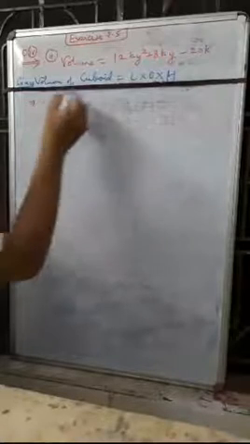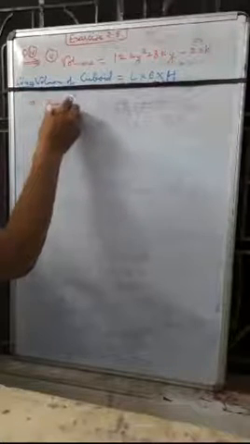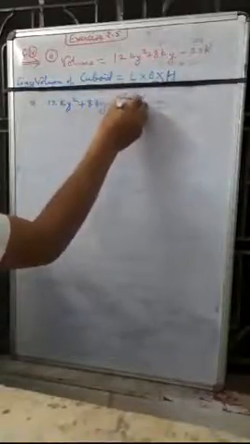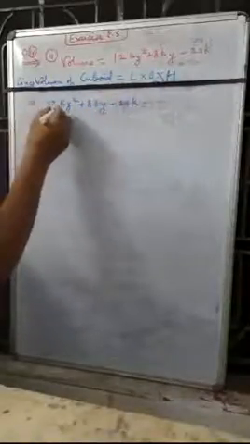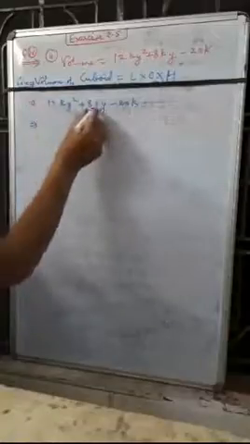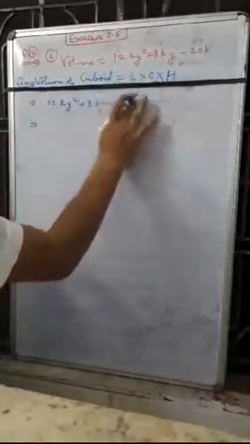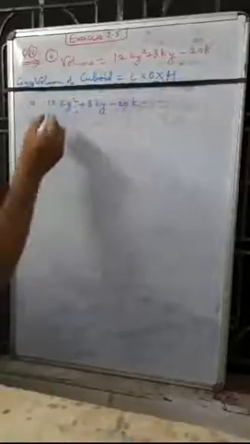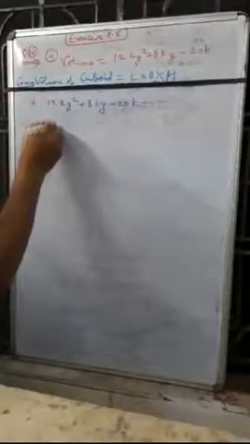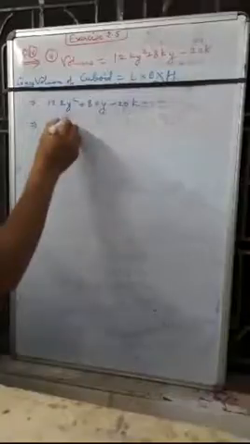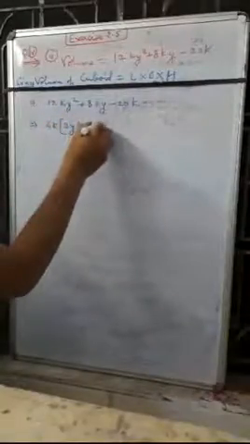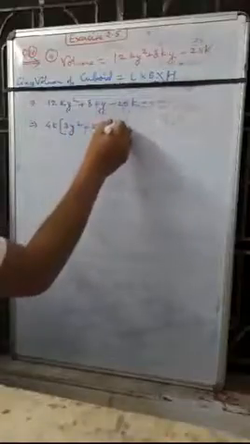So we again copy the volume 12ky square plus 8ky minus 20k. So maximum common is here. You are looking k is present in every term here. So we can take common k easily, or maximum common 4k we can take. So we will get 3y square plus 2y minus 5.